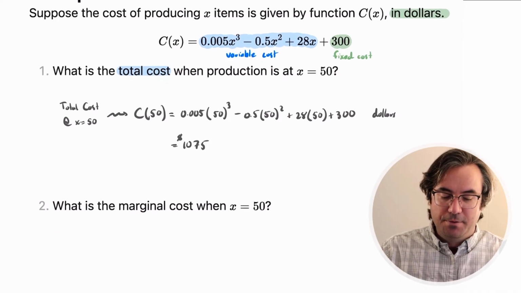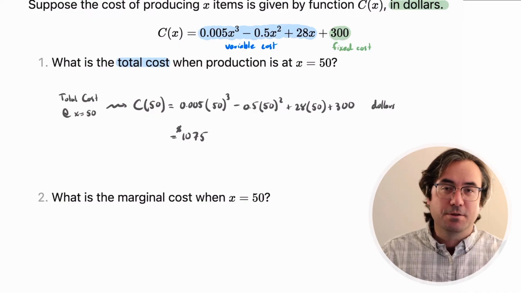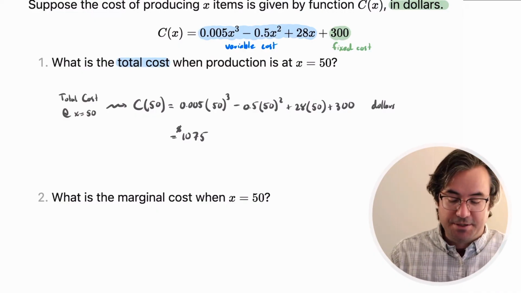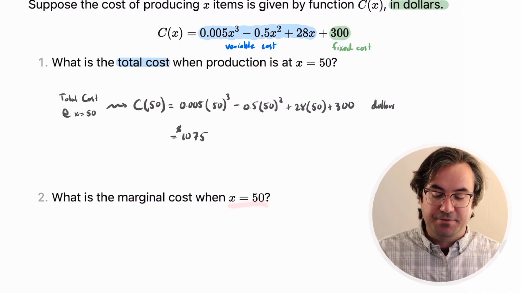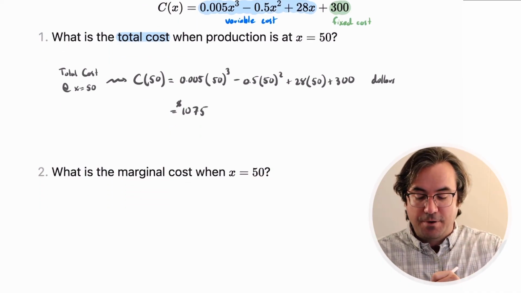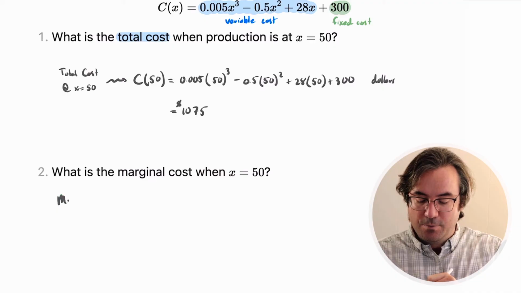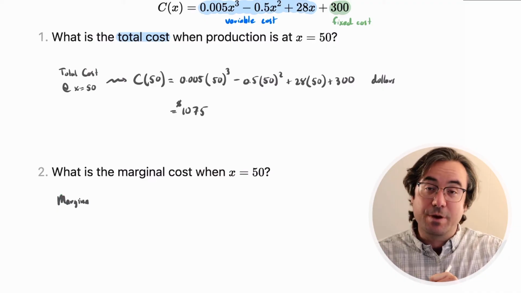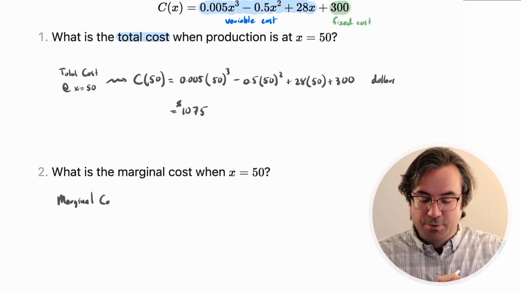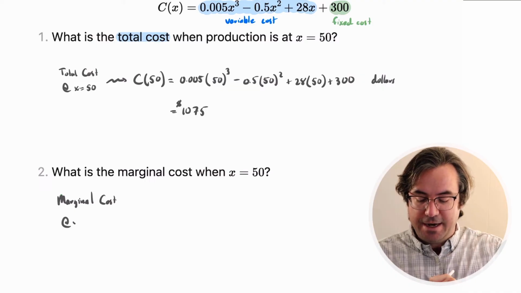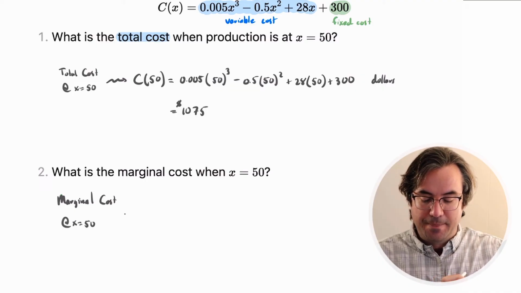All right, so for the next part, let's calculate the marginal cost when x is equal to 50. For our marginal cost, marginal, again, the way we read that is it means derivative. So we want our marginal cost at x equals 50.